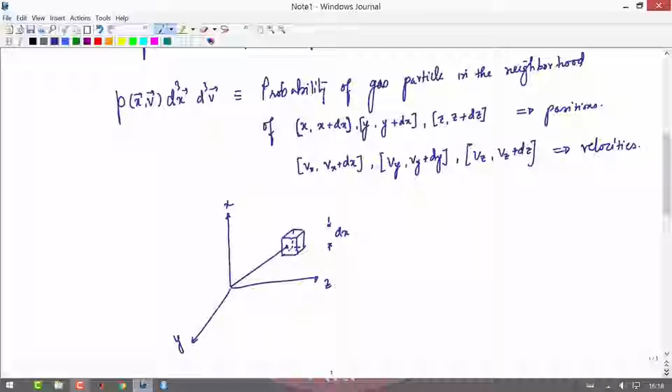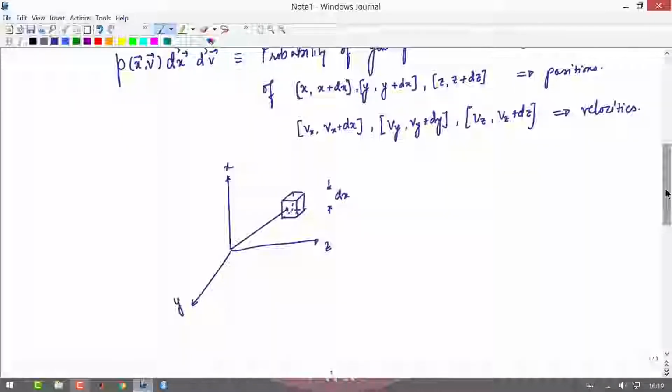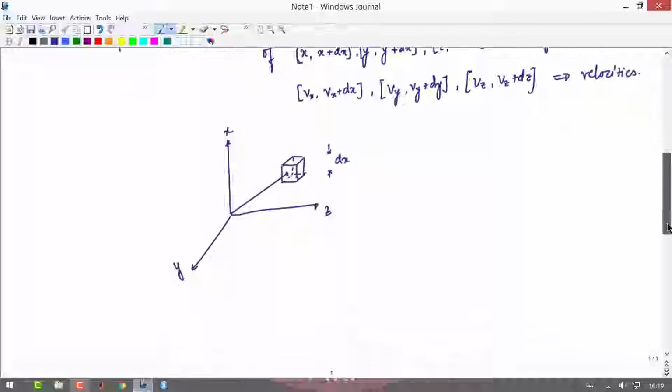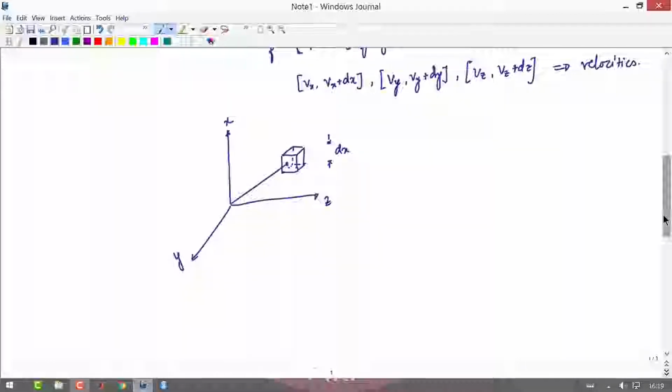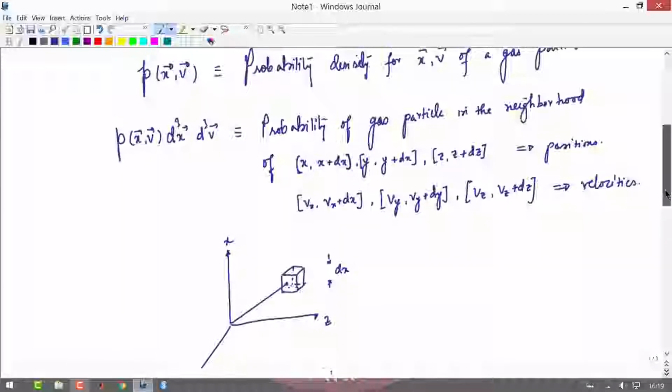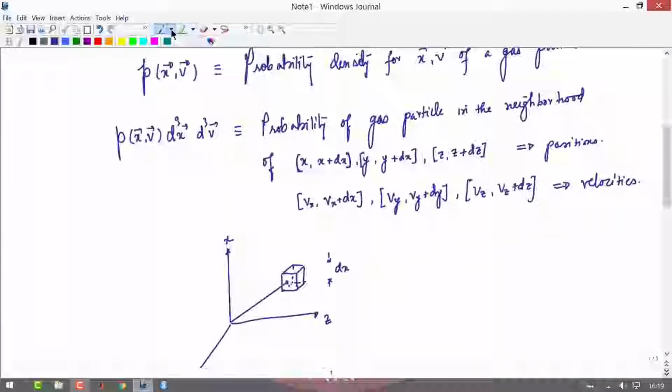Similarly, you have to take 3 axes for the momentum or velocity, and then take a volume in the velocity space, and in the 6-dimensional space of position and momentum, you will see a cube of dimension 6, which is centered at point x comma v, and the probability of finding a particle in this hypercube is the probability that I have written here.